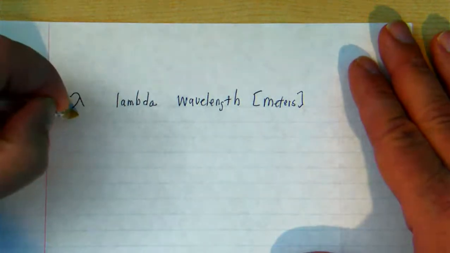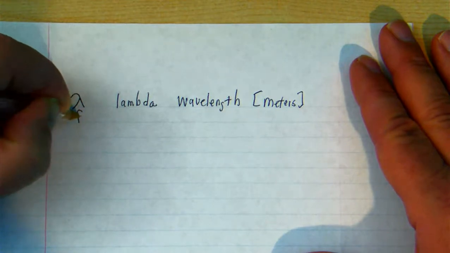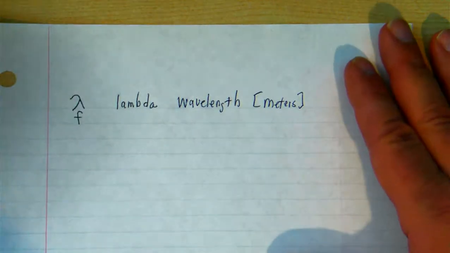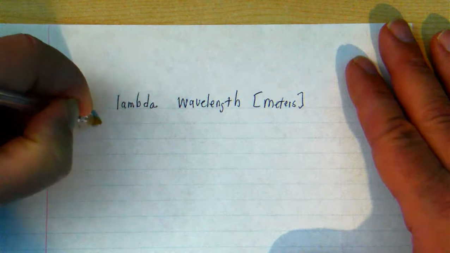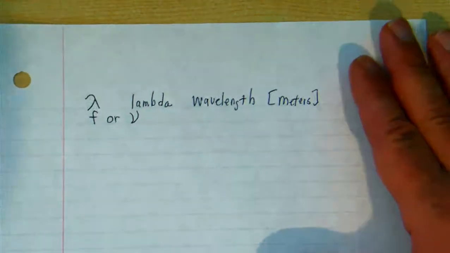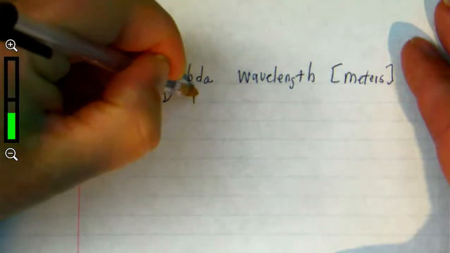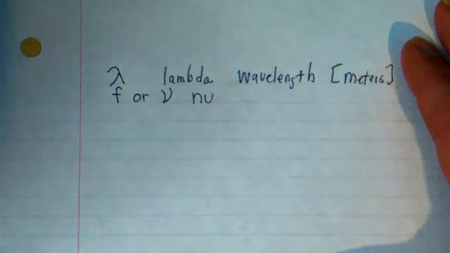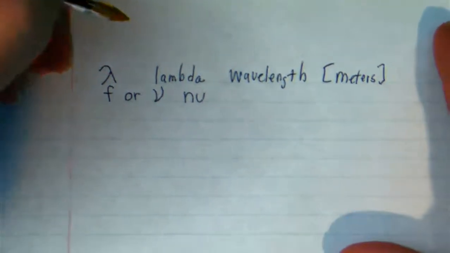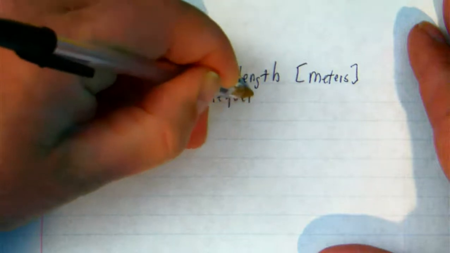There's also the high school symbol lowercase letter f, or the college symbol that looks sort of like a squiggly, slanty letter V, which is pronounced nu. It's a Greek letter. And this represents the frequency of a wave.